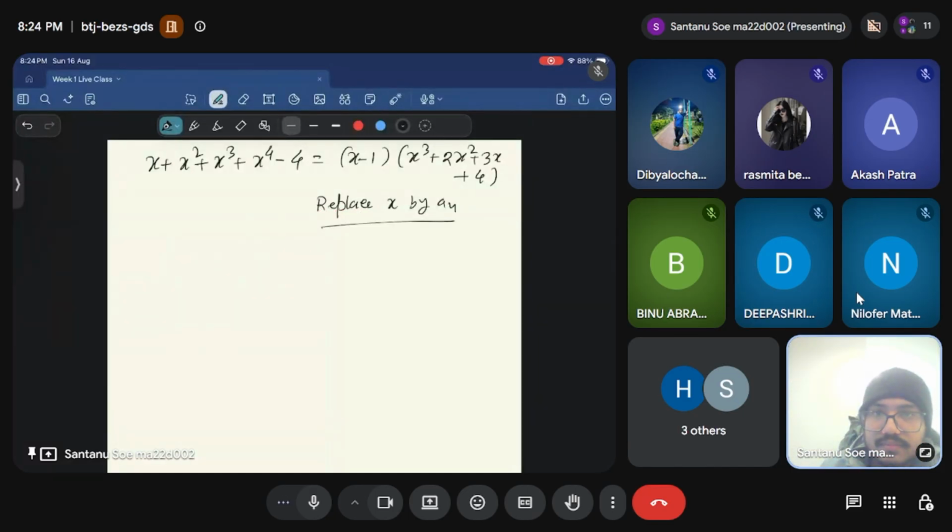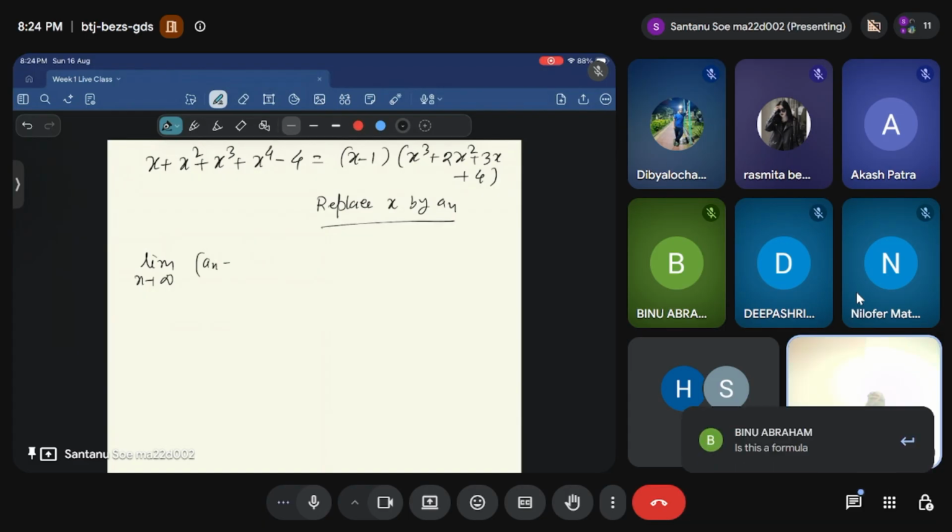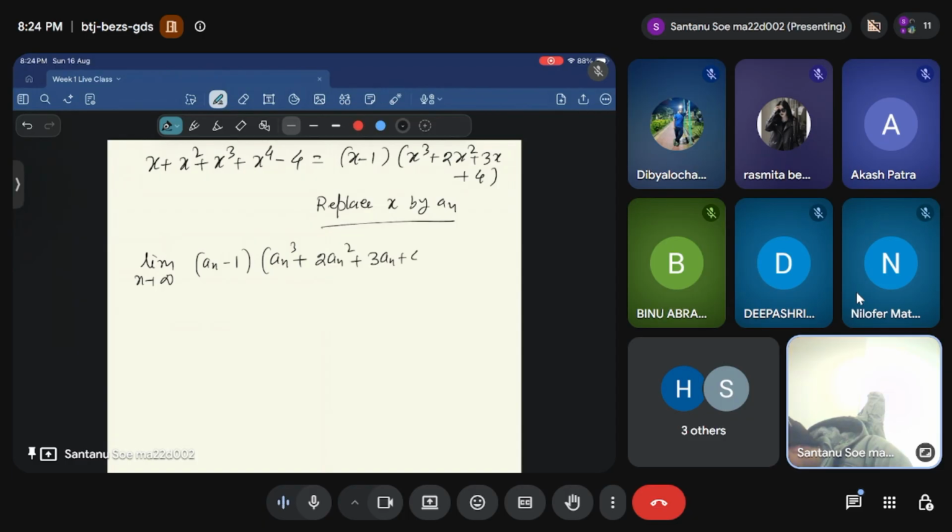Is it clear? So that means the limit as n tends to infinity of (a_n cube plus 2a_n square plus 3a_n plus 4) divided by (a_n minus 1).